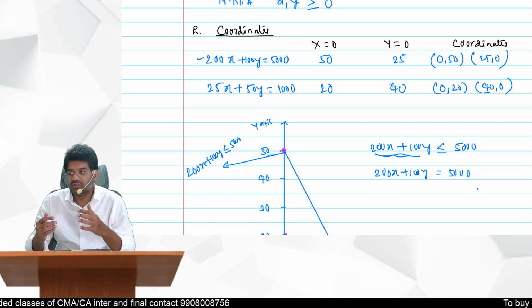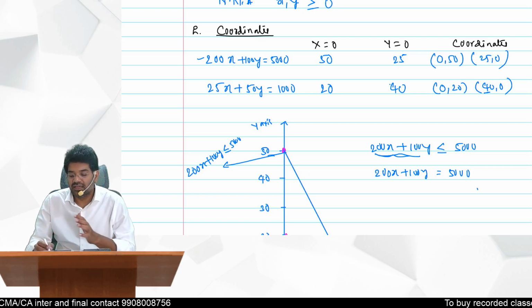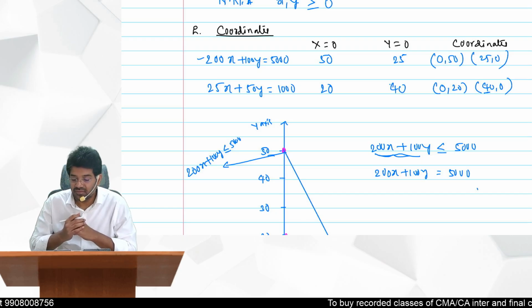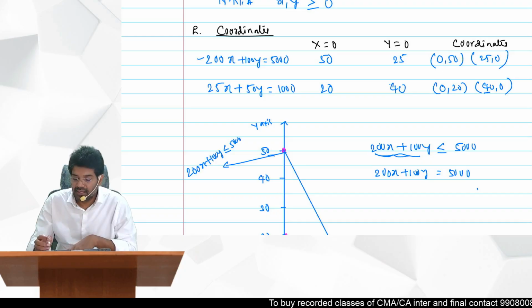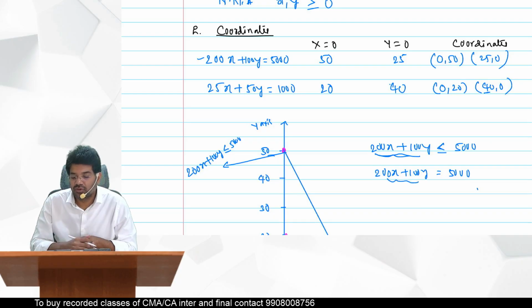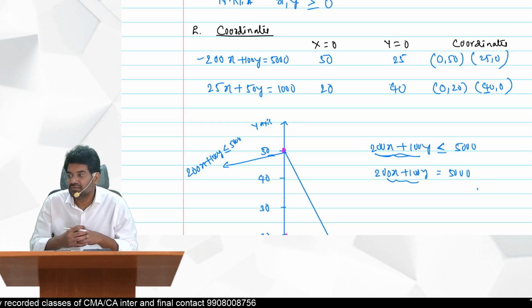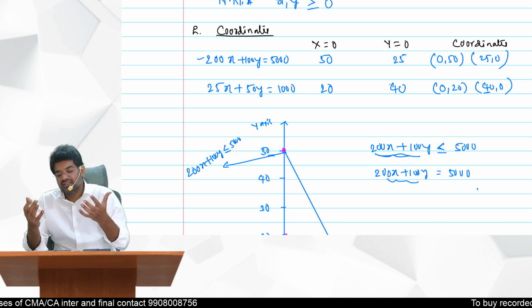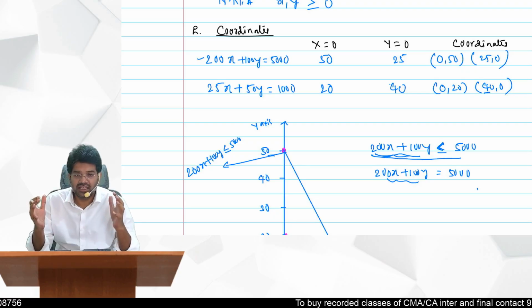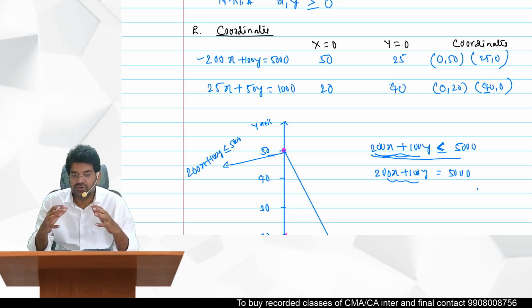Now if you want to convert into an equal to condition, that is equal to 5000, what is the problem here? A less than sign, if you want to convert into equality: if you take these values, those values are less than 5000, no? According to the original constraint, it is of less than type. That means x plus y both together must use less than 5000 only.